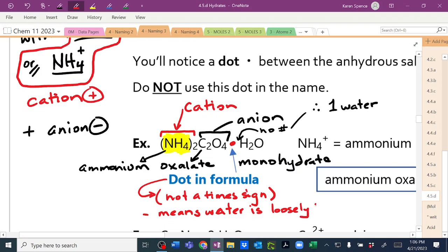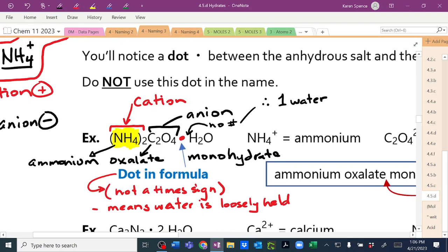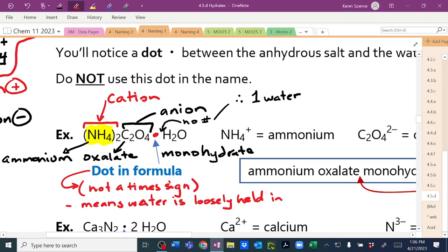Loosely held in the crystal. By what forces are holding it in the crystal? Intermolecular forces, IMFs. That's what the dot is for.